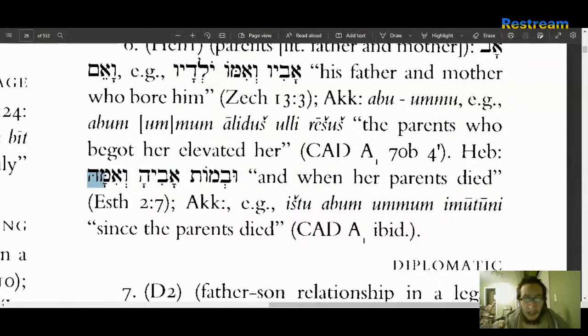Okay, now the Akkadian has father, ab, and mother. Now this first word is since. Istu, since father, mother died. It's imutuni. So the mut is the same word die, or same word as here, mut.